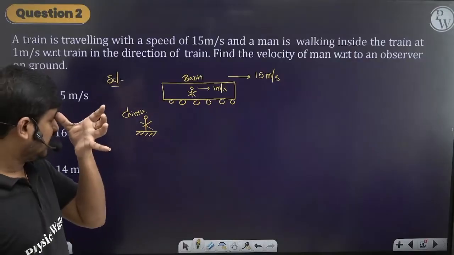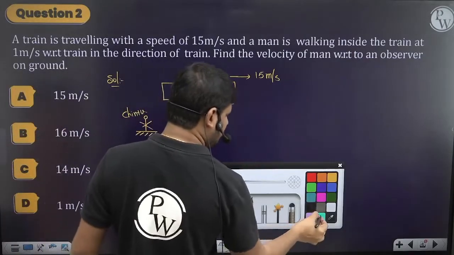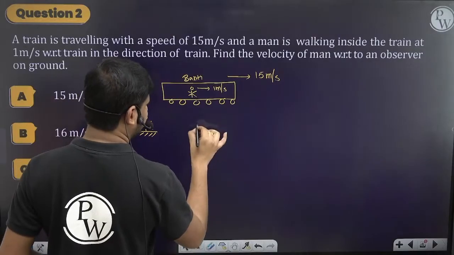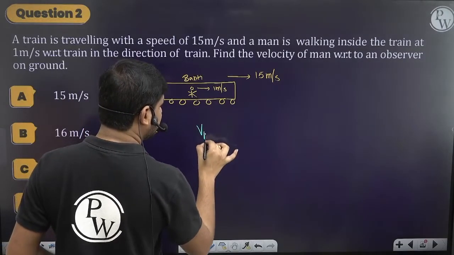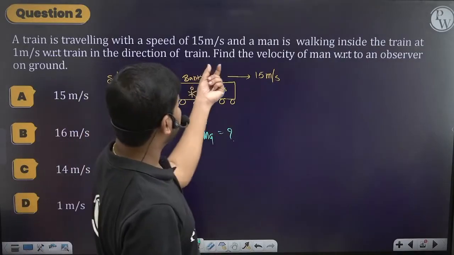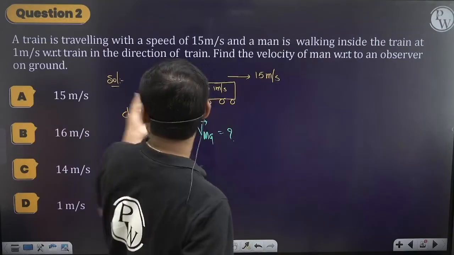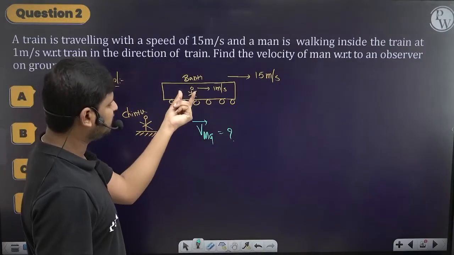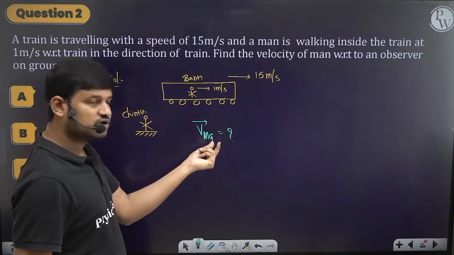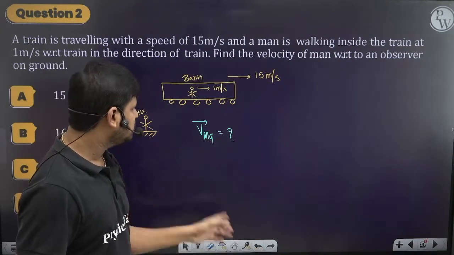We have to find the velocity of this man with respect to the ground. With respect to the observer on the ground means with respect to ground. So this part we have to do.